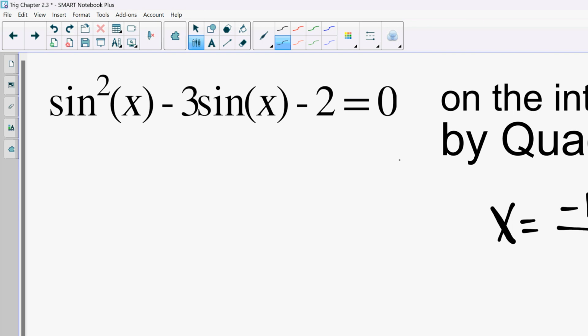Now, we've dealt with the quadratic formula before. X is equal to negative b plus or minus the square root of b squared minus 4ac all over 2a. And again, when we talked about quadratic formula, we said it was nice because this worked with any quadratic. And it's true. It doesn't matter if we have trigonometric functions, it still works.